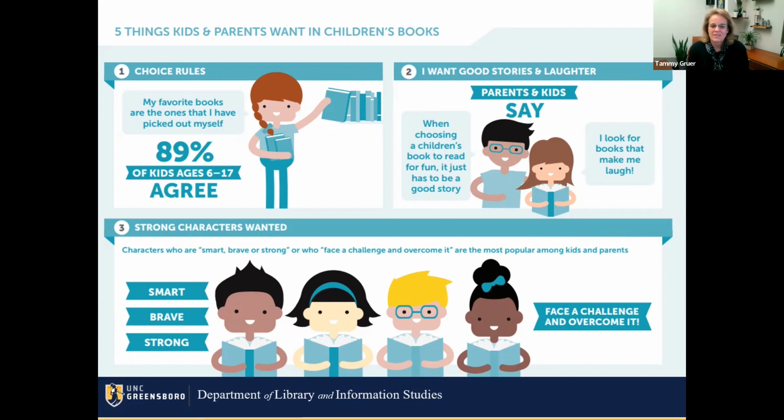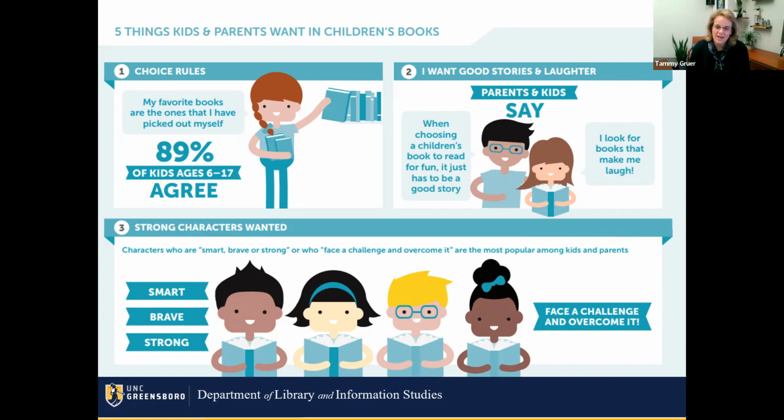So be that advocate in your library and in your school building for, don't give them a reading list. Challenge them to read a particular genre, or if an English teacher has to assign a reading list, have them choose 3 or 4 titles that the kids can at least choose from. So they have some say-so in the books that they're reading. 89% of the students surveyed believe that.